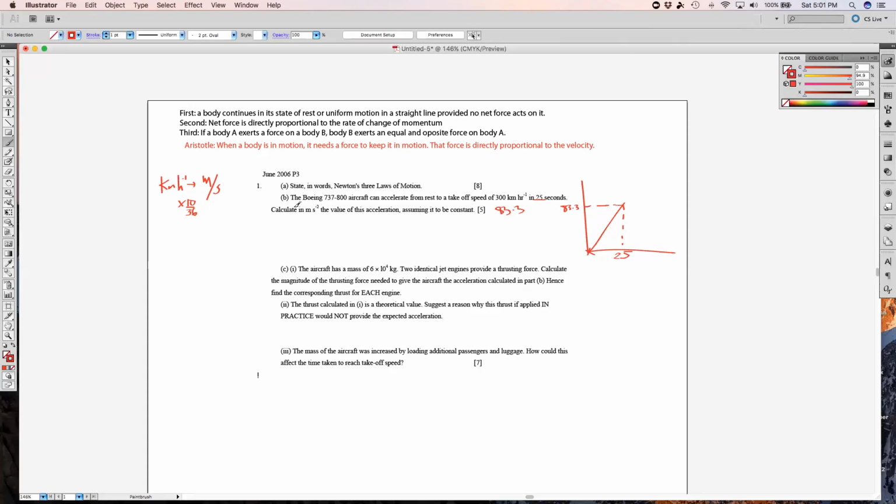They're asking us first to calculate, in meter per second squared, the value of the acceleration, assuming it to be constant. This is a graph of velocity against time, and when you have a velocity-time graph, the acceleration is the slope.